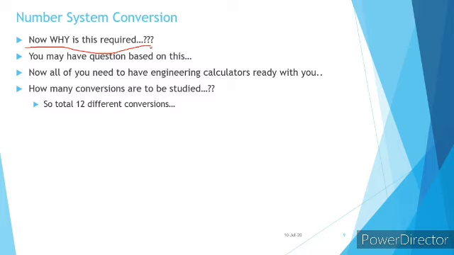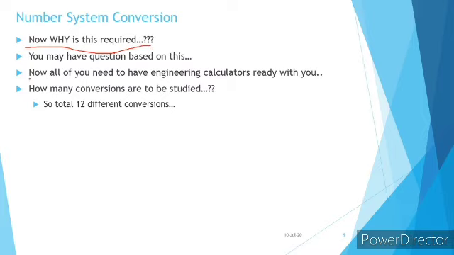Similarly, we understand decimal and the computer understands binary. To represent the data in memory, we have the hexadecimal number system. So as engineers, we should also know this conversion, how a certain number is represented in binary and how a binary number can be converted to decimal or hexadecimal.